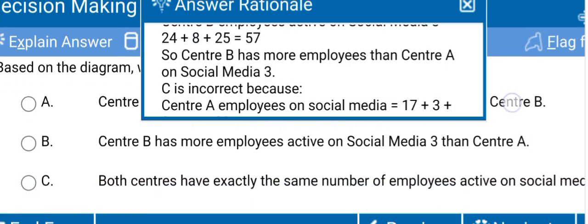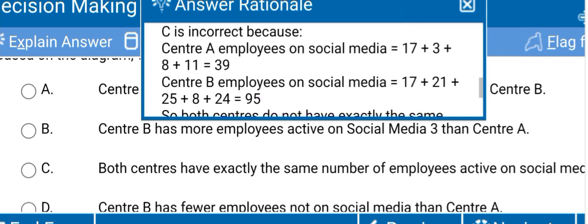Then we have option C, which is incorrect because Center A employees on social media is equal to 17 plus 3 plus 8 plus 11 equals 39.